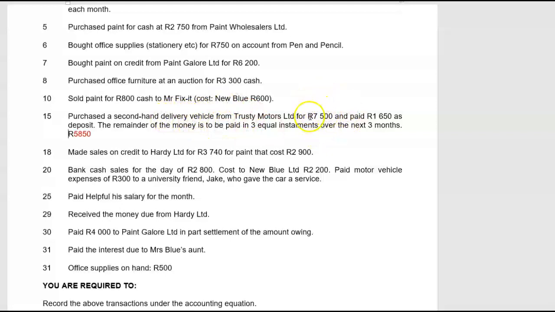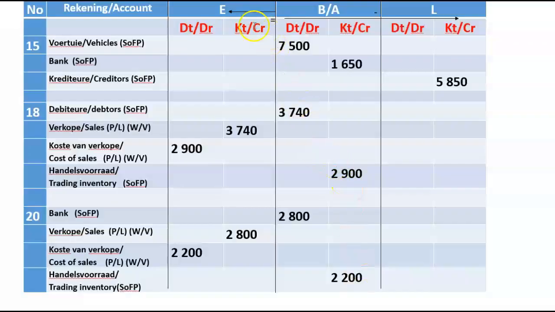So we're going to debit vehicles with a value of the vehicle, 7,500 Rand. How much was our cash outflow? Our cash outflow, i.e. our asset bank, is going to decrease with 1,650 Rand. But we still owe the remaining amount of 5,850 Rand to Trusty Motors, so that is a liability for us. Our liabilities have increased with 5,850.